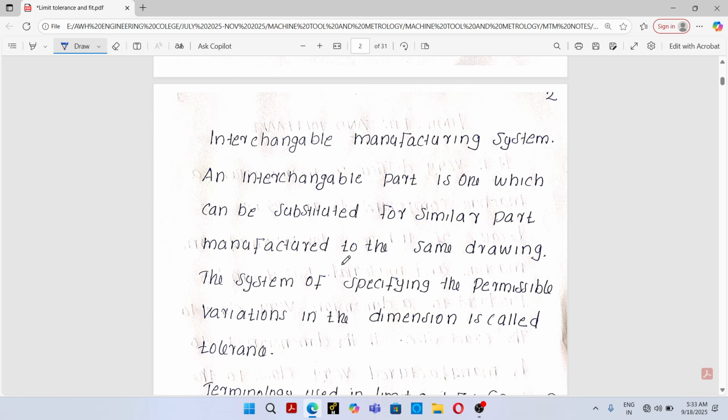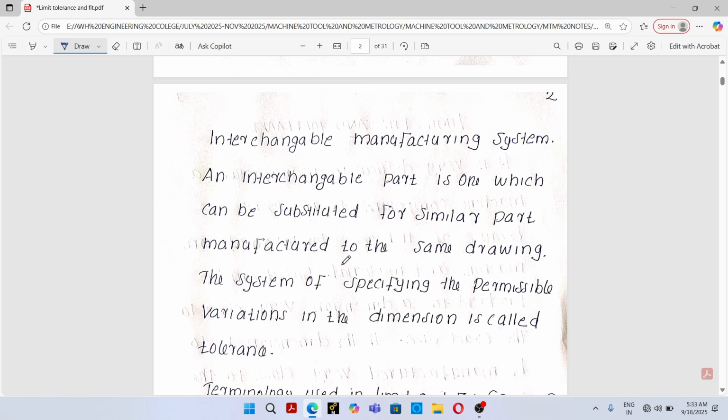Once more, in a production or manufacturing case, it is very difficult to achieve the actual size of a part, that may be machined part or cast part, anything. It is very difficult to achieve the actual size of a part very close to basic size. If the actual size is very close to basic size, the cost of production will be very high.